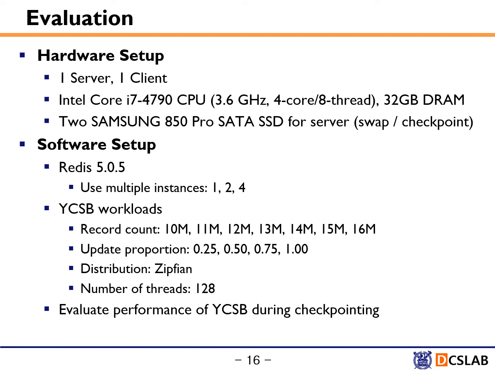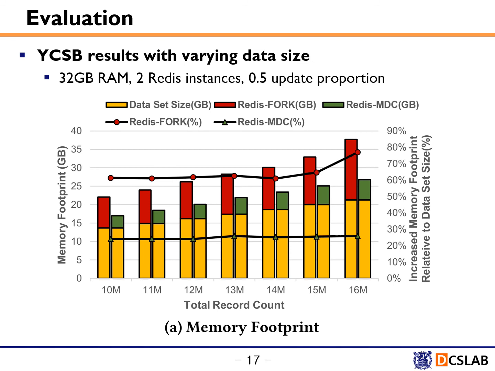performance during checkpointing. This figure shows the memory footprint with varying dataset sizes when the update proportion is fixed to 0.5. Yellow bar represents the dataset size, red and green bars are the increased memory during checkpointing for Redis fork and Redis MDC respectively.